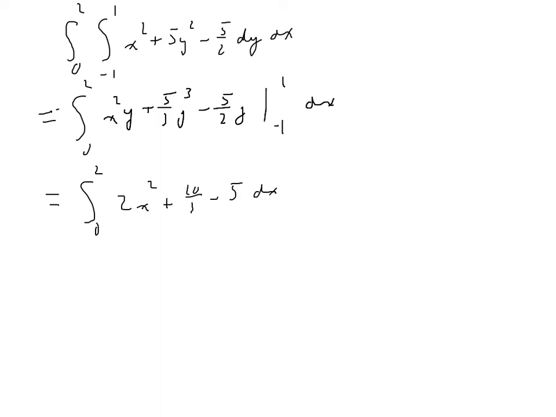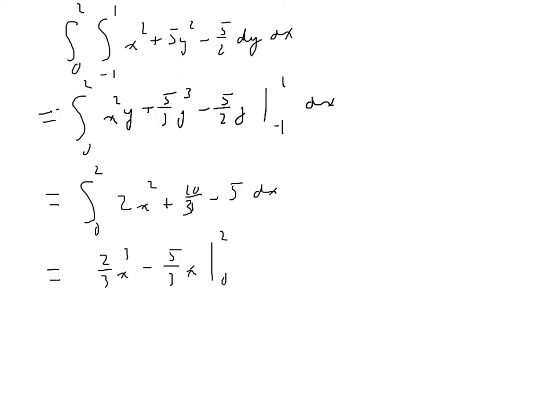Now we're down to a simple integral with respect to x, and so we get 2 thirds x cubed minus 5 thirds x. I did a little bit of simplification, and we're going to evaluate from 0 to 2.